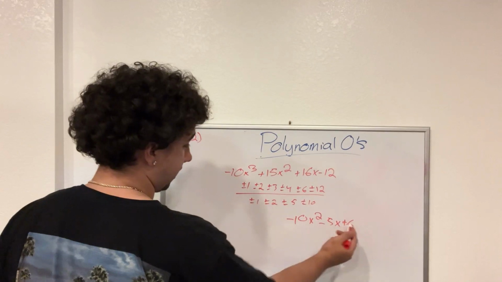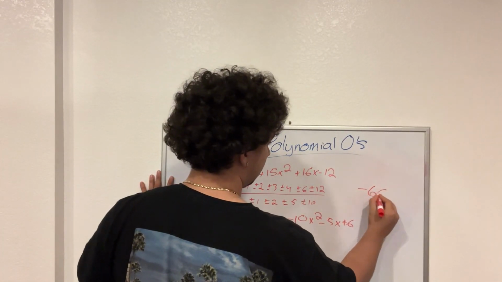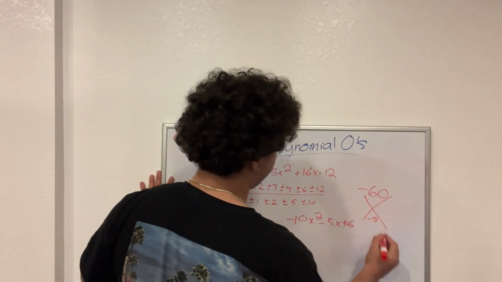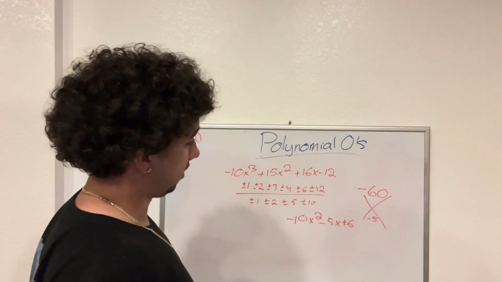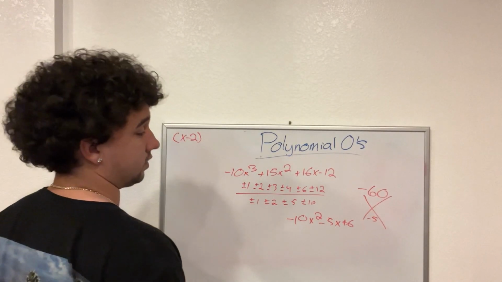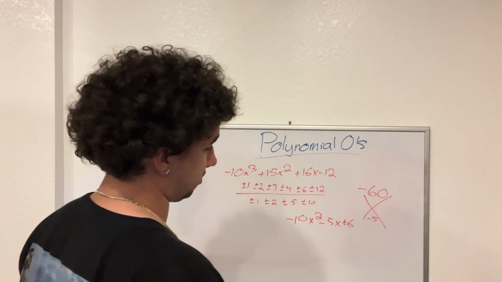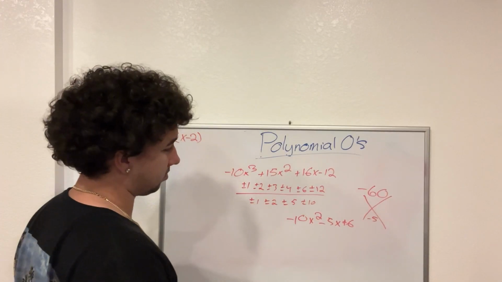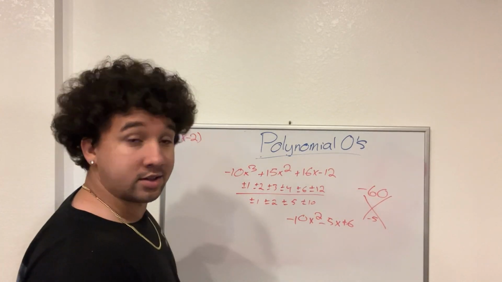I'm noticing that negative 10 times 6 is negative 60, so I'm thinking of what multiplies to negative 60 but adds to negative 5. Well, I know 6 and 10, but that equals 4. What else is there? There's 5 and 12. That doesn't work. There's 4 and 15. That also doesn't work. 3 and 20. That doesn't work. 2 and 30. That doesn't work. Is there anything else I could possibly do? 11. No. It's not looking like there's anything, right?